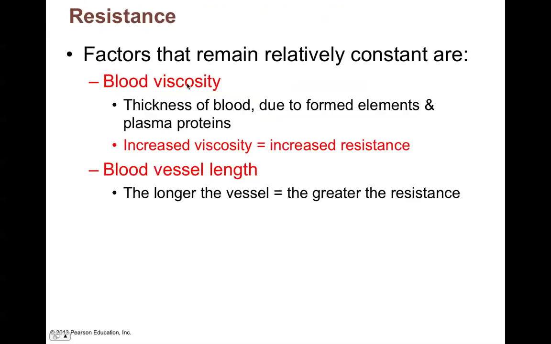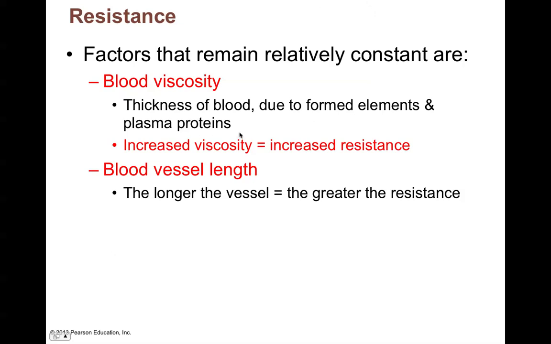So the factors that remain relatively constant in influencing resistance would be blood viscosity. Typically, our blood viscosity remains about the same. Viscosity is the thickness of the blood due to the formed elements and plasma proteins.